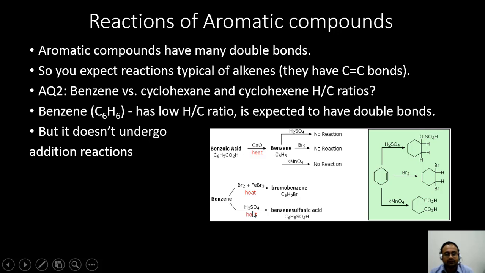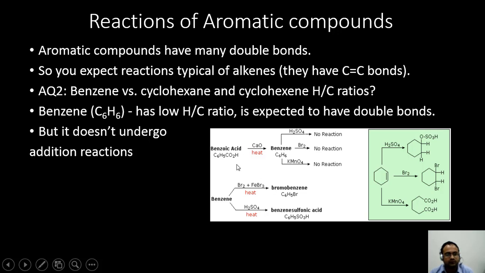Similarly, when you treat benzene with H2SO4 and heat it, instead of the addition product, you end up getting benzene sulfonic acid. That is, one hydrogen has been substituted by the SO3H group.